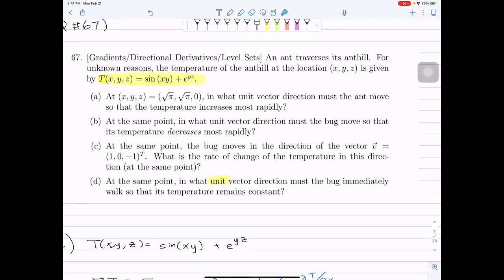It's the square root of negative square root pi squared, negative square root pi squared, plus square root pi squared. So that's 3 pi, which is square root of 3 pi. So we have 1 over square root of 3 pi times this vector.